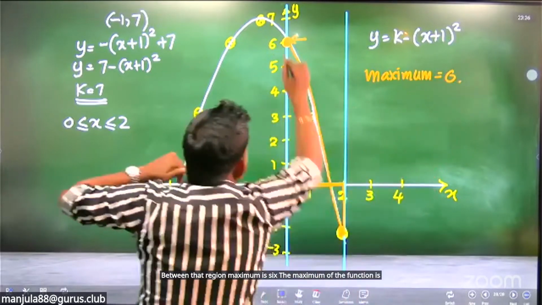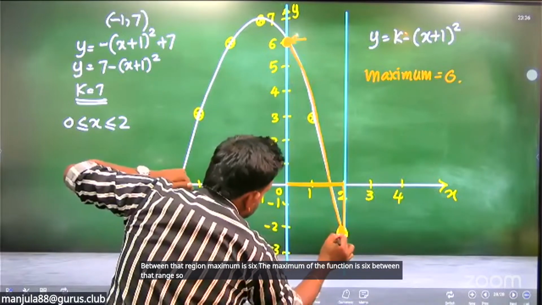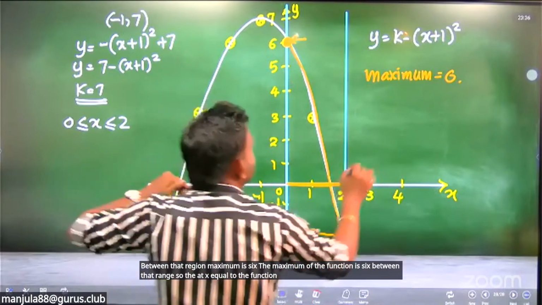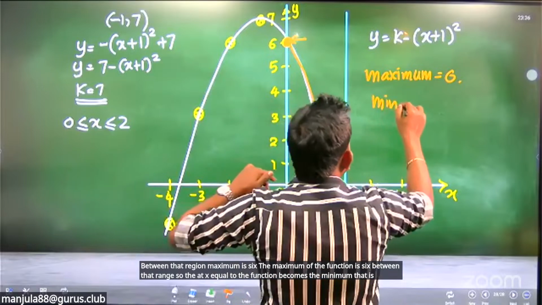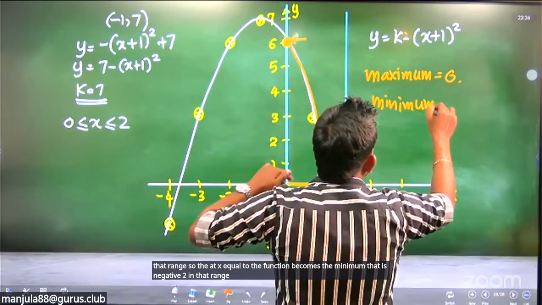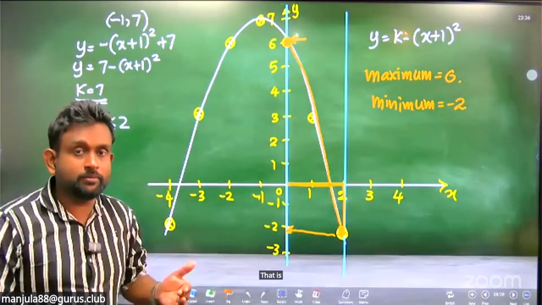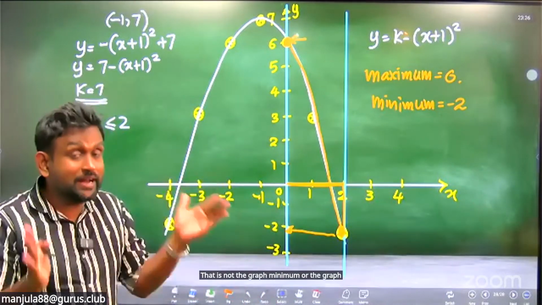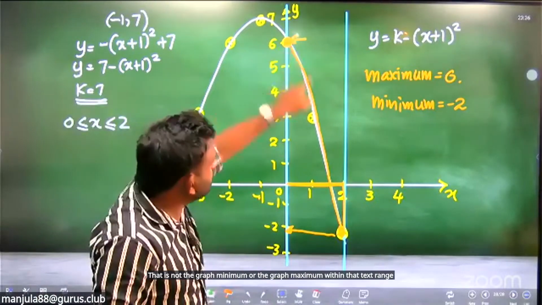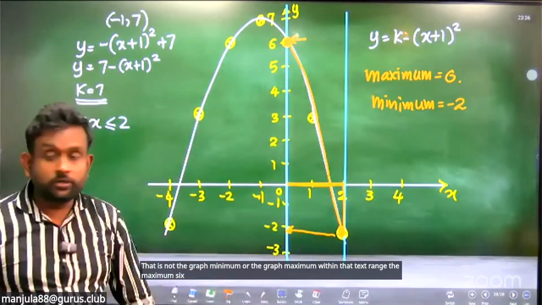So at x equals 2, the function becomes the minimum, that is negative 2 in that range. That is not the graph minimum or the graph maximum. Within that x range, the maximum is 6, minimum negative 2.